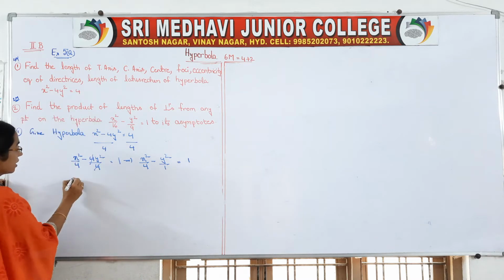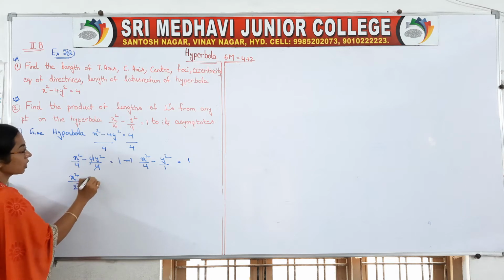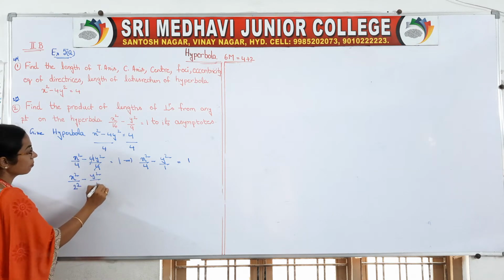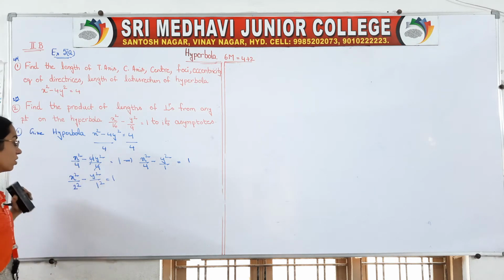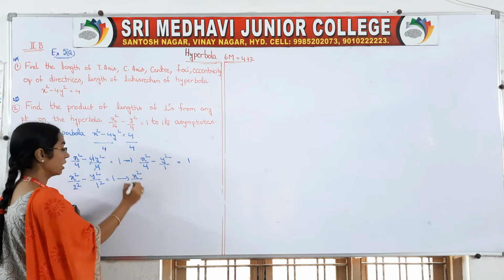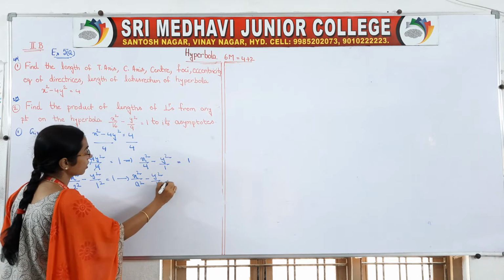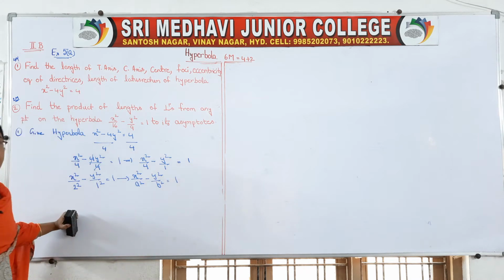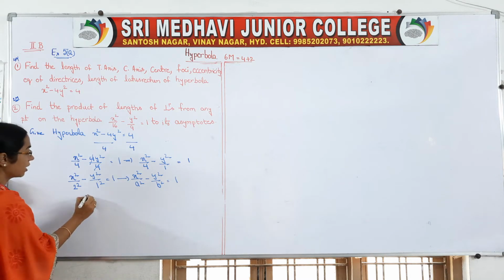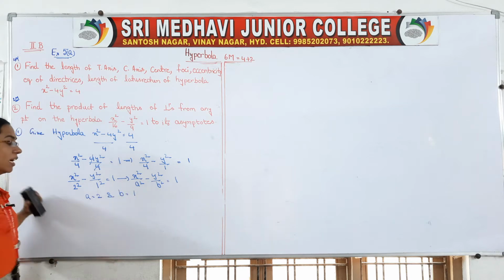Next we can write this as x square by 2 square minus y square by 1 square is equal to 1. So it is in the standard form x square by a square minus y square by b square is equal to 1, first case, right? Where a is equal to 2 and b is equal to 1.